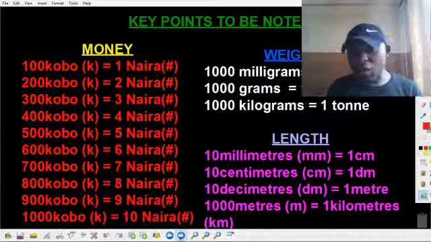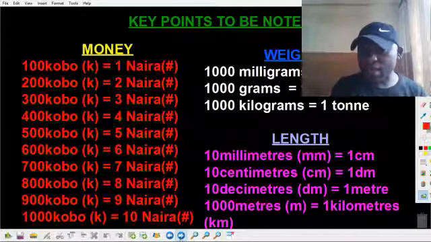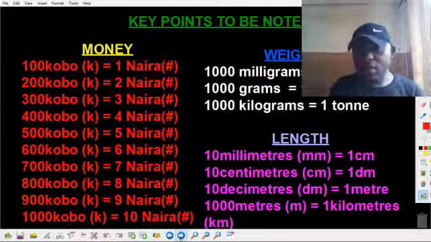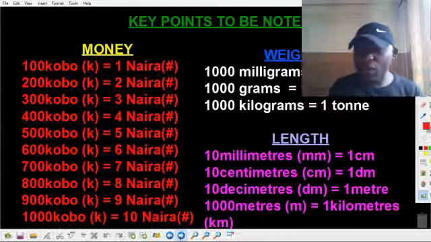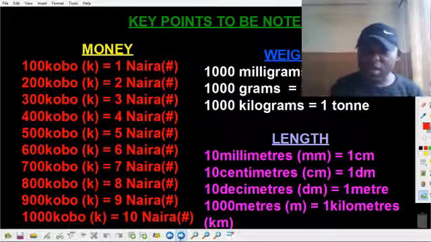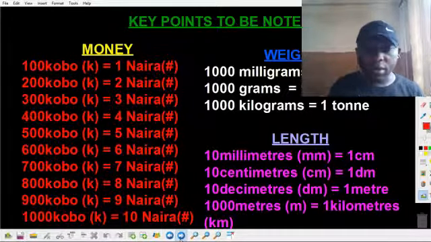And also they should learn how to convert millimeters to centimeters, centimeters to decimeters, decimeters to meters, and meters to kilometers.